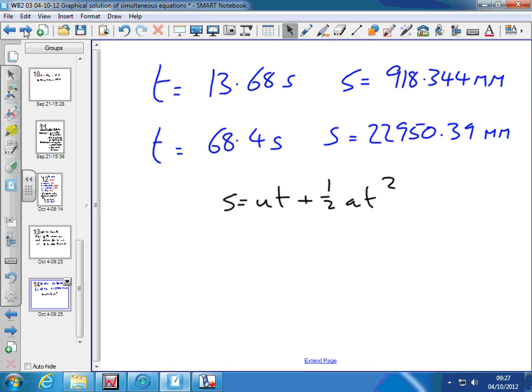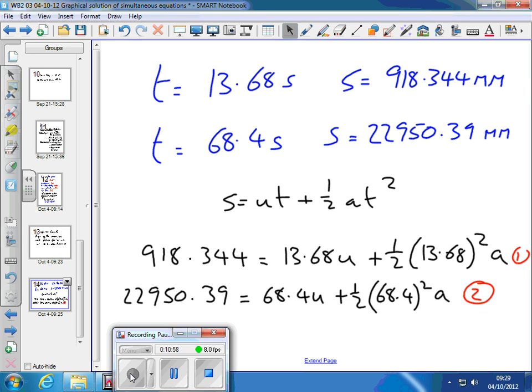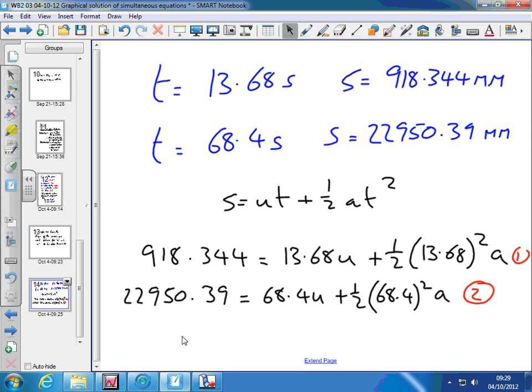That would be equation 1. And for equation 2, S equals that and T equals 68.4. So write down your equations 1 and 2. And you might get something like that for equations 1 and 2. I've put the U after the 13.68 here because algebraically we tend to put the number first and then the letter. So that's the only reason I've done that. It's the same thing.